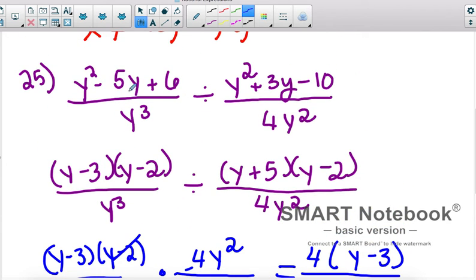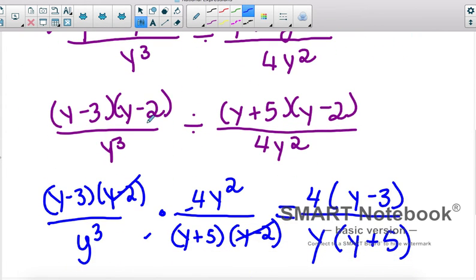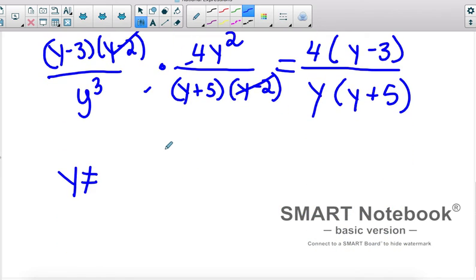If we look at our original problem, y can't be 0 from here, and also from here, y can't be 0, because if y was 0, the whole denominator would be 0. Okay, and then after we flip, let's write that down. So y can't be 0. And then after we flipped our fraction, here y can't be negative 5, and here y can't be 2. So our restrictions are 0, negative 5, and 2.